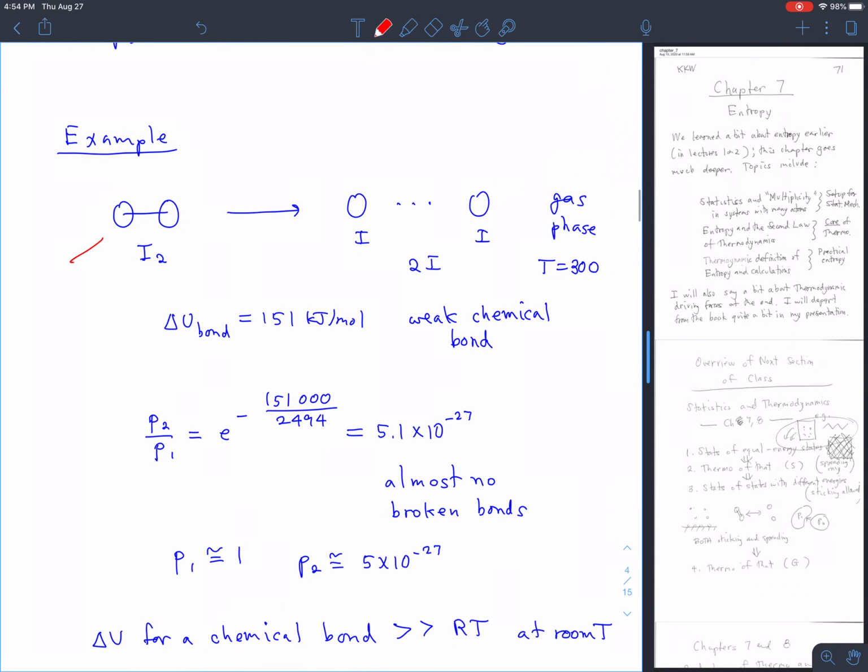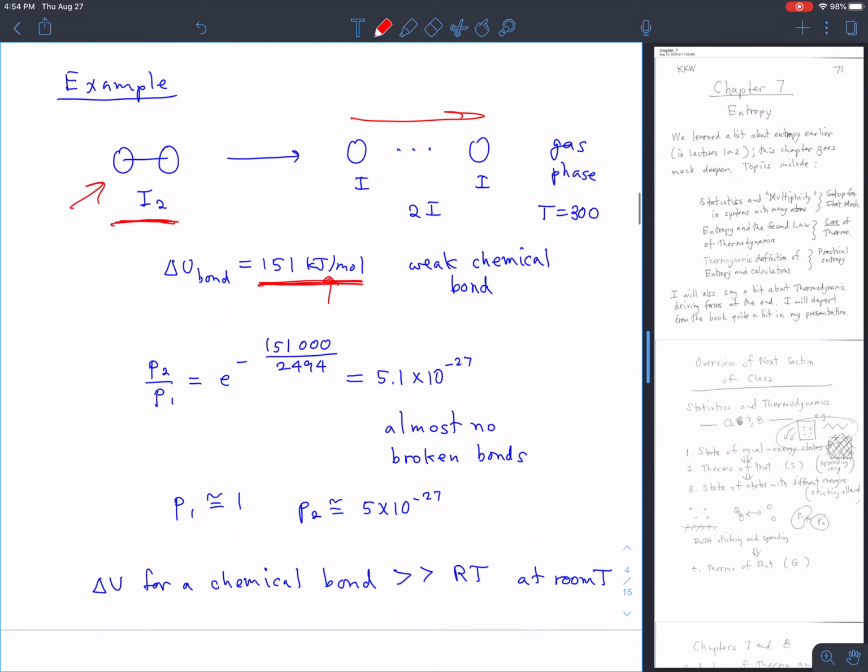Let's do another example now with an actual chemical bond, but a weak one. So the bonding energy for I2 molecules is about 151 kilojoules per mole, so 151,000 joules. That's much bigger than in the last case. When we break it, the change in energy is going to be plus 151 kilojoules per mole.